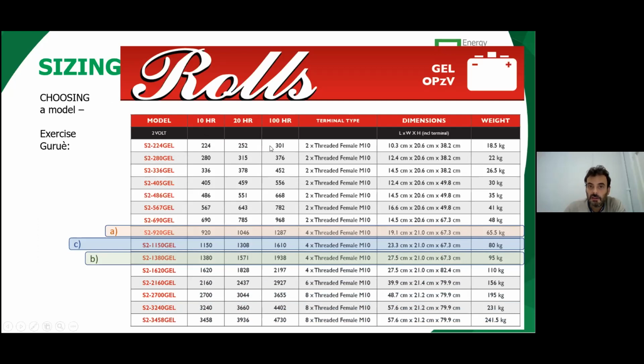This battery here, the first one, will give you 301 amp hours if discharged in 100 hours, but it will give you only 224 amp hours if discharged in 10 hours. Also, let's look at the weight.